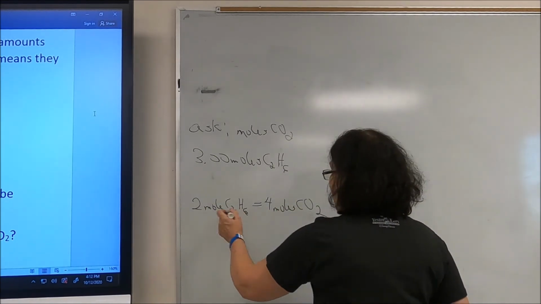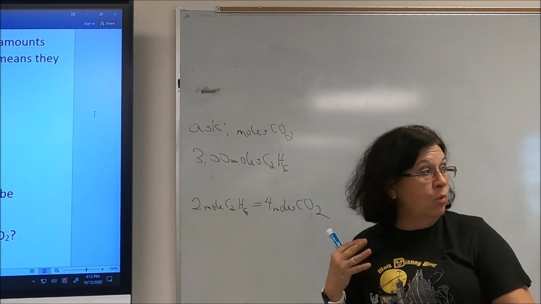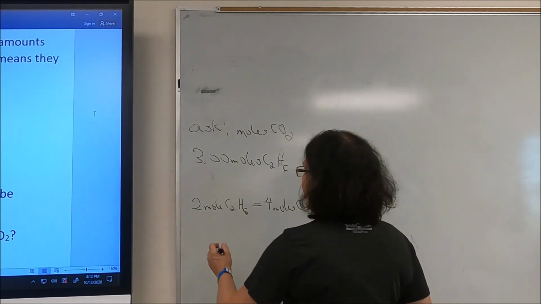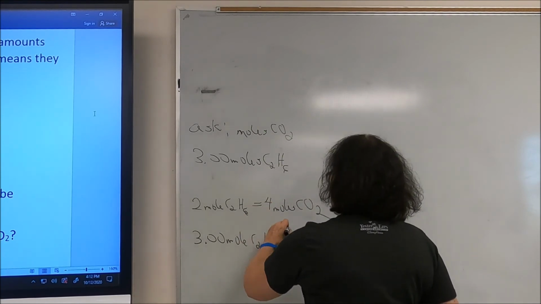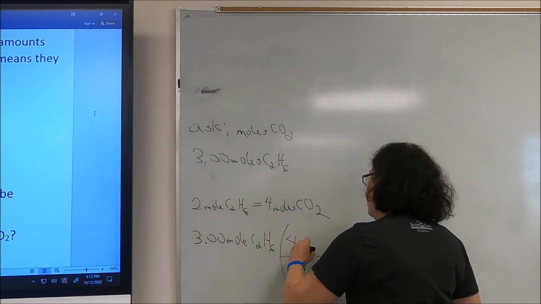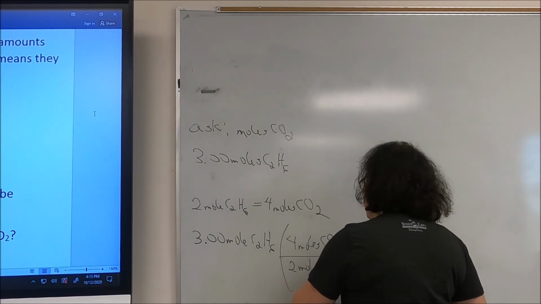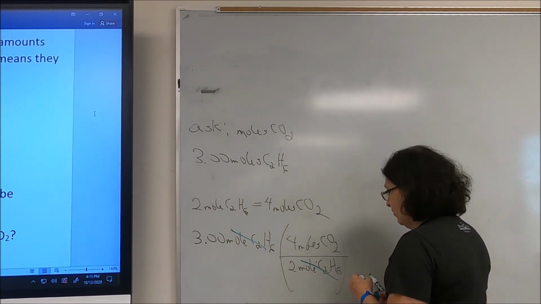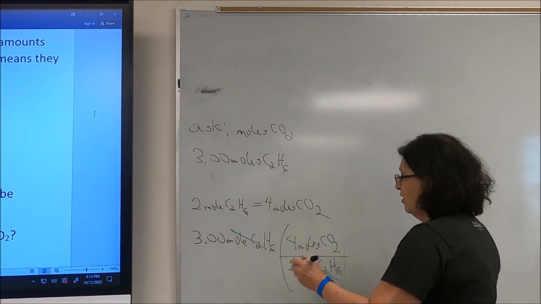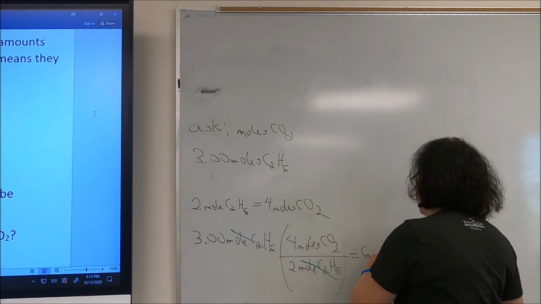Those came from the balanced chemical equation. Guys, this is another case where we have a mole ratio, a mole relationship between 2 things. So if I go 3 moles C2H6 and I use this mole ratio, I can go 4 moles of CO2 over 2 moles of C2H6. They have a fixed relationship. So notice the moles of C2H6 divide out, and 3 times 4 is 12 divided by 2. That gives me 6 moles of CO2.